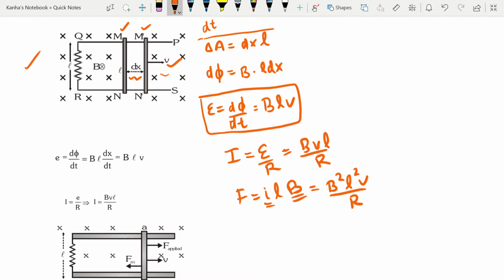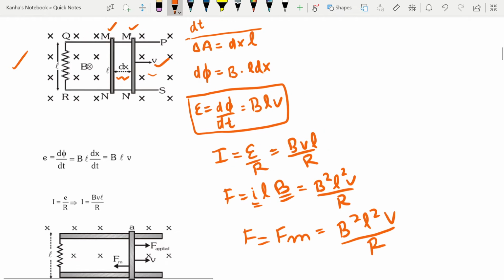So we see that the force that you have to apply is equal to B square L square v by R.